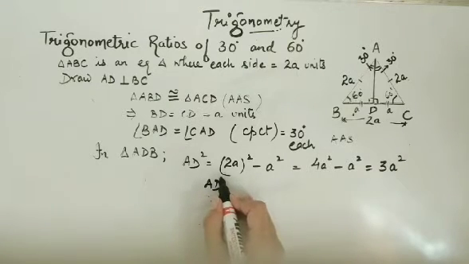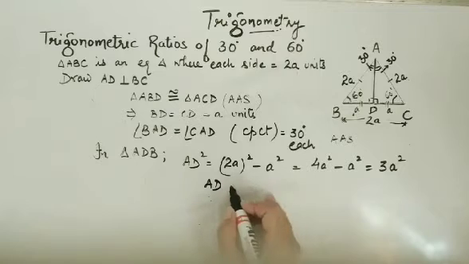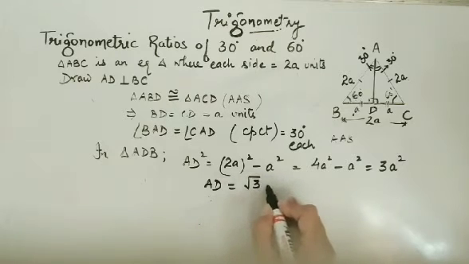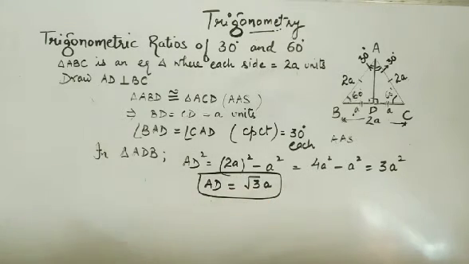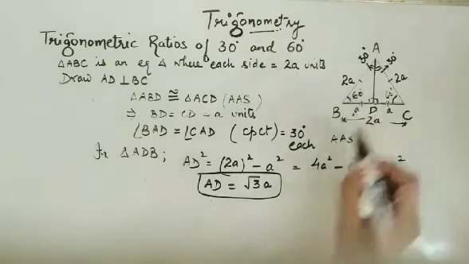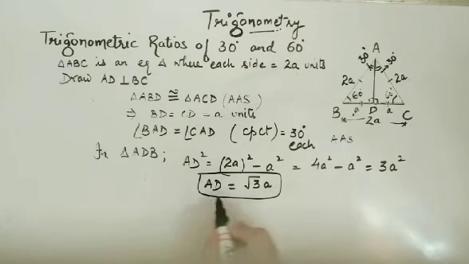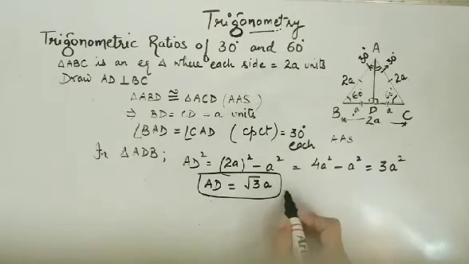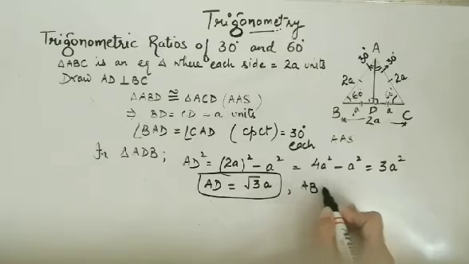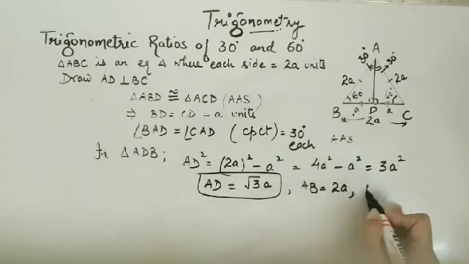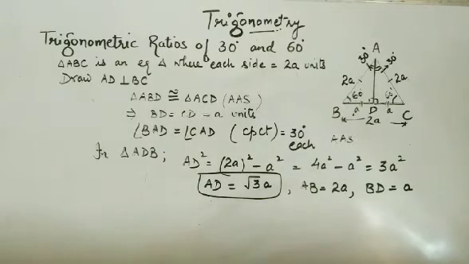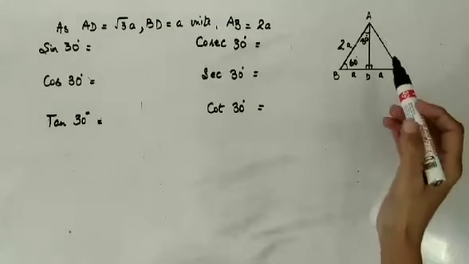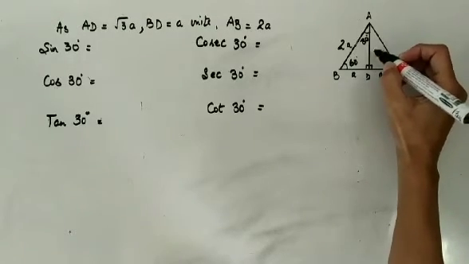So if AD square is 3 times A square, AD would be square root of 3 A. We have to deal with these sides now. AD we have found, AB is 2A and BD is A units. So the value of AD is calculated as root 3 A.